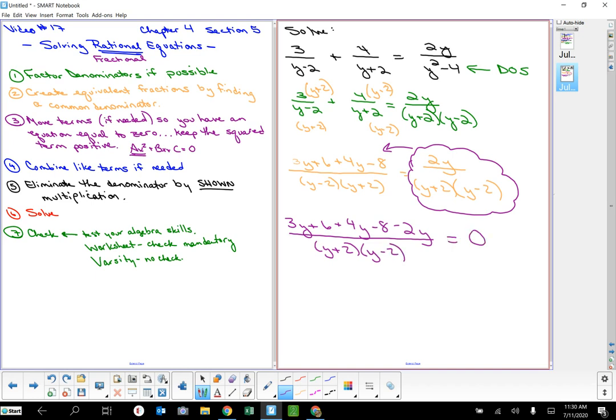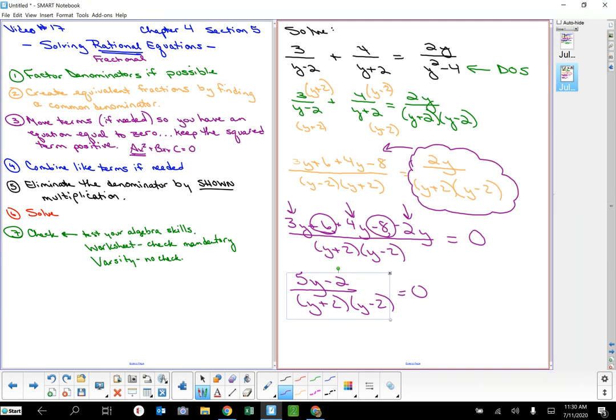Now it's equal to 0. Okay, I'm going to combine some like terms. So I have 3y and 4y is 7y, minus 2y is 5y. And then I have 6 minus 8 is minus 2. And that's over y plus 2, y minus 2 equals 0.